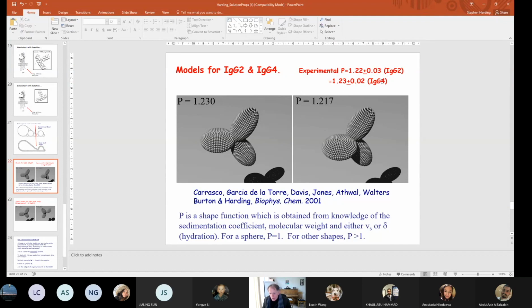So IgG2 and IgG4 are virtually indistinguishable in terms of the hydrodynamic properties.